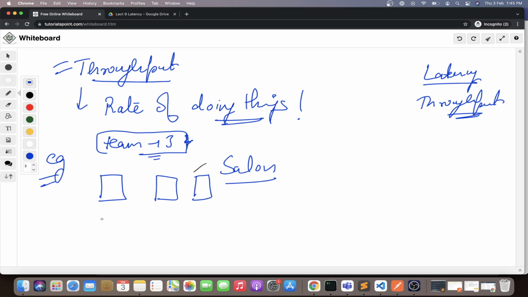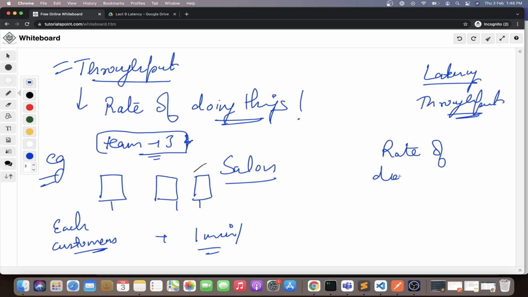So in a saloon, if there are three chairs, and each customer gets a shave or a haircut in 1 minute, the rate of doing things here is three customers per minute.